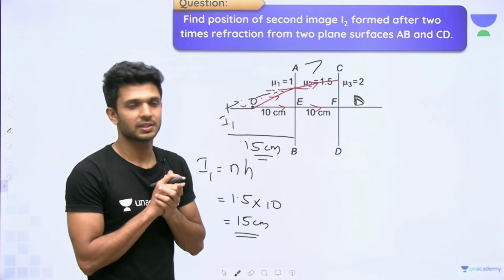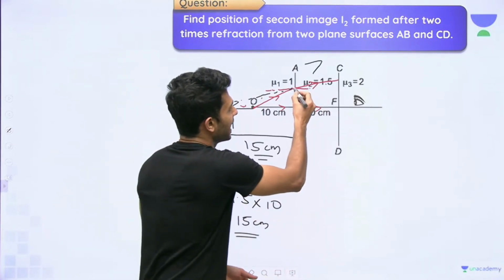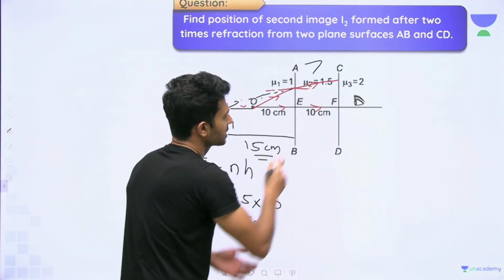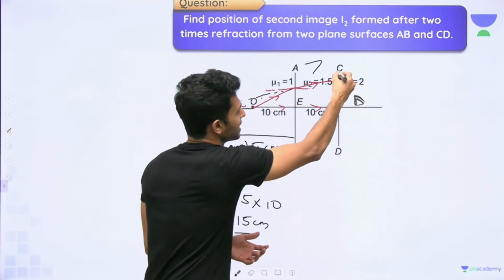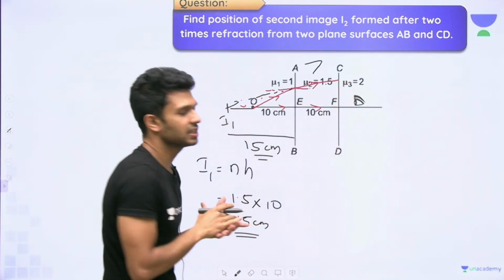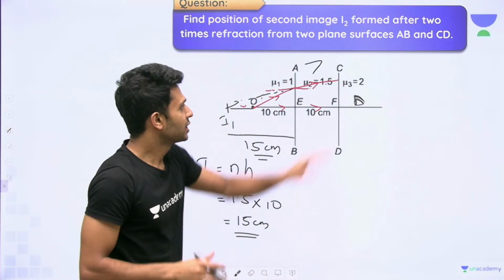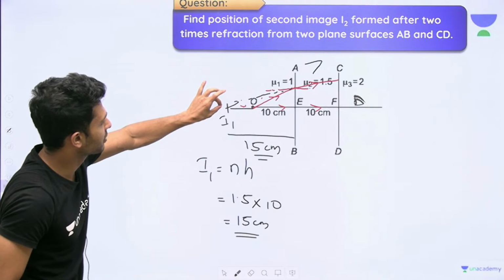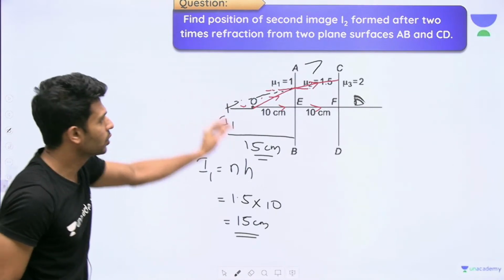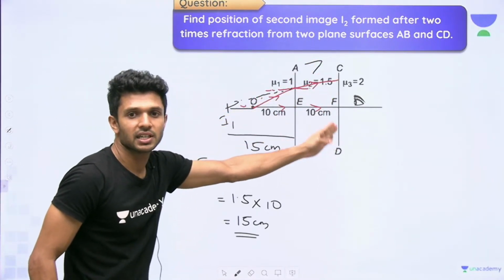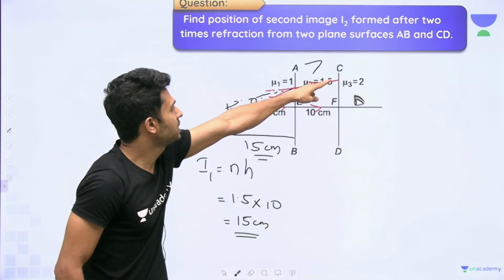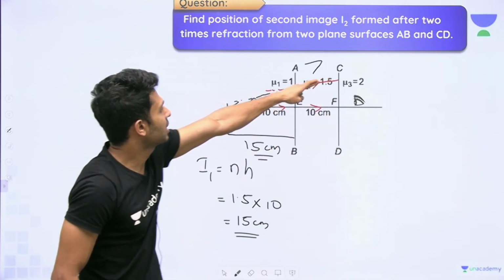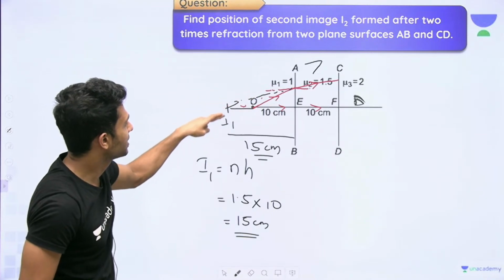It's very simple. The light ray after the first refraction from surface AB is reaching the line of separation CD, right? So where is this light ray coming from? This light ray is coming from I1. So the second line of separation will think that the light rays are coming from the object here.